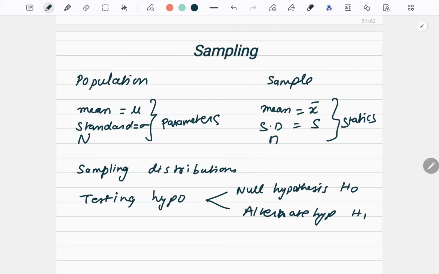Then it is an error of type 2. So when I am rejecting the correct thing, that is type 1 error, and when I am accepting the wrong thing, that is type 2 error.